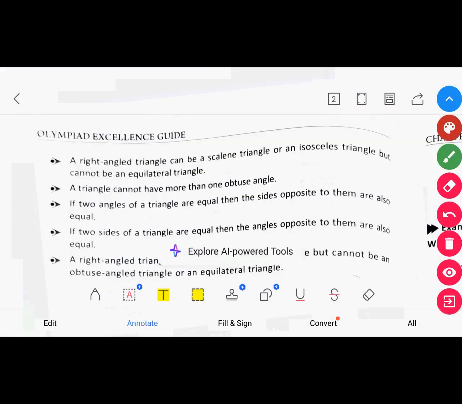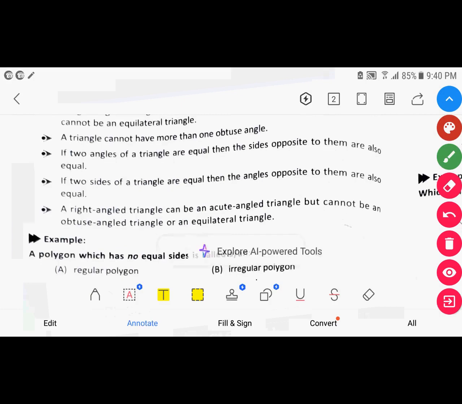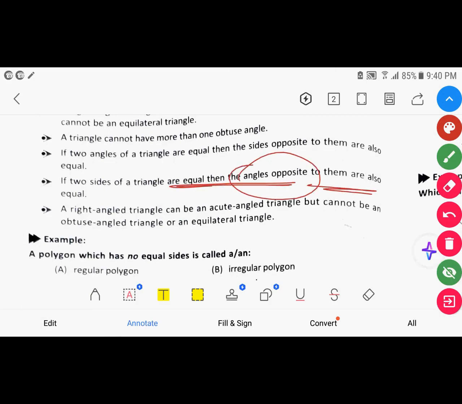If two sides of a triangle are equal, then the angles opposite to them are also equal. In the isosceles triangle definition, we already learned about this. A right angle triangle can be an acute angle triangle, but cannot be an obtuse angle triangle.